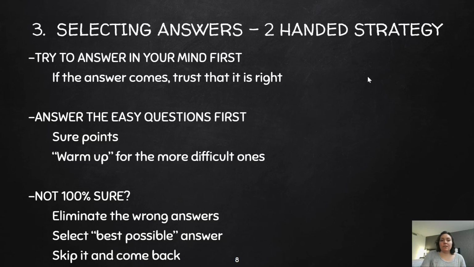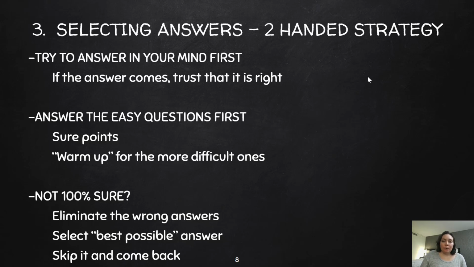Don't second guess yourself. A lot of students who have test anxiety really struggle with that, where they tend to trust their gut. Even though they know the correct answer, they start to second guess themselves. So if the answer pops up in your head and then you see it right in the multiple choice, trust that you're right there. Okay.